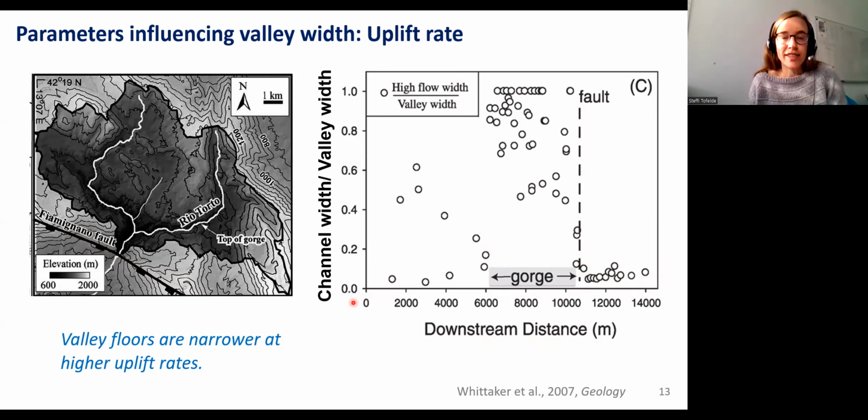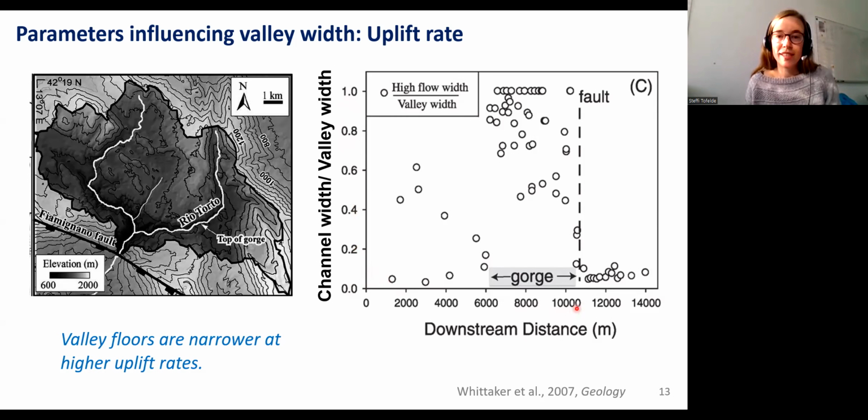So what they plot here is not just the valley width, but the ratio of the width of the channel over the width of the valley. So a ratio of 1 means the river is as wide as the valley, so it fills up the entire valley bottom. And these are generally narrower valleys, while when we have a very low ratio, it means the valley is a lot wider than the river that flows through it.